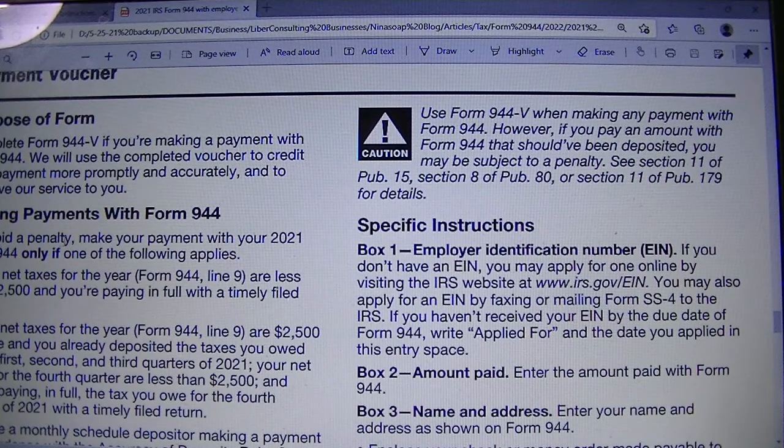So those are instances where you will make payment with the form. To avoid the penalty, make your payment with your 2021 form only if the following apply: your net taxes for the year, line 44, are less than $2,500 and you are paying it in full. But if it is more and you made deposits for the other quarters and the fourth quarter is less than $2,500, you can do that as well.